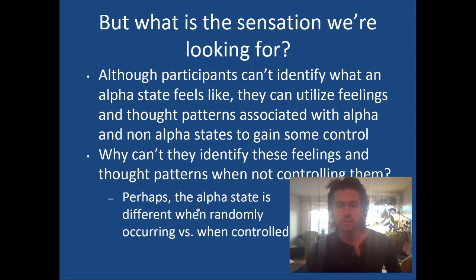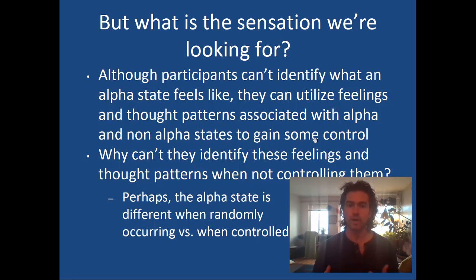And this is a little bit of a strange possibility, because you would think, regardless of how Kamiya and Black et al. want to interpret the sensations that their participants are feeling associated with alpha states, that a participant who's able to control an alpha state and recognize certain patterns of thought associated with the alpha and the non-alpha state should be able to identify those patterns of thought when not utilizing control and thus be good at discrimination.